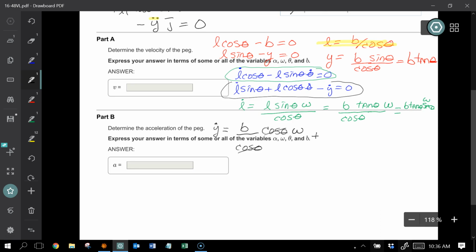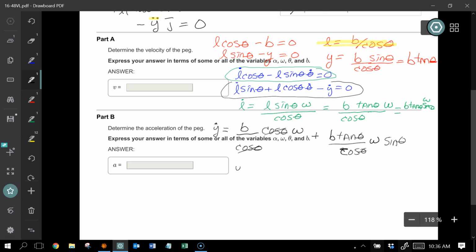Plus you have L dot, which is b tangent of theta secant theta times omega, times the sine of theta.